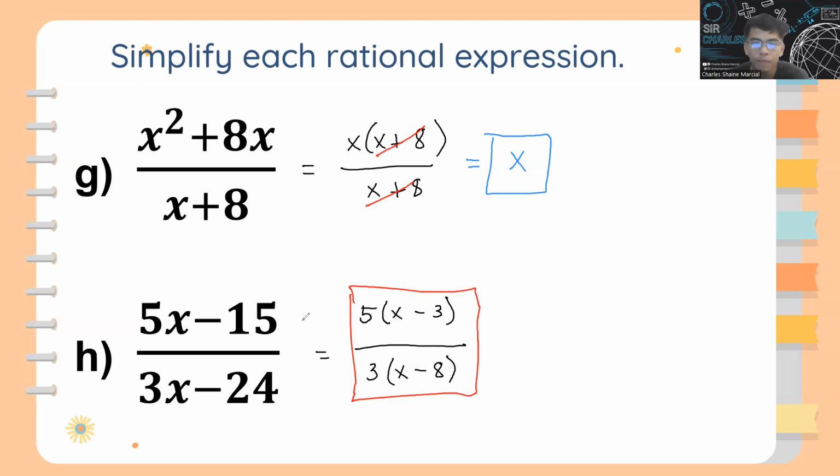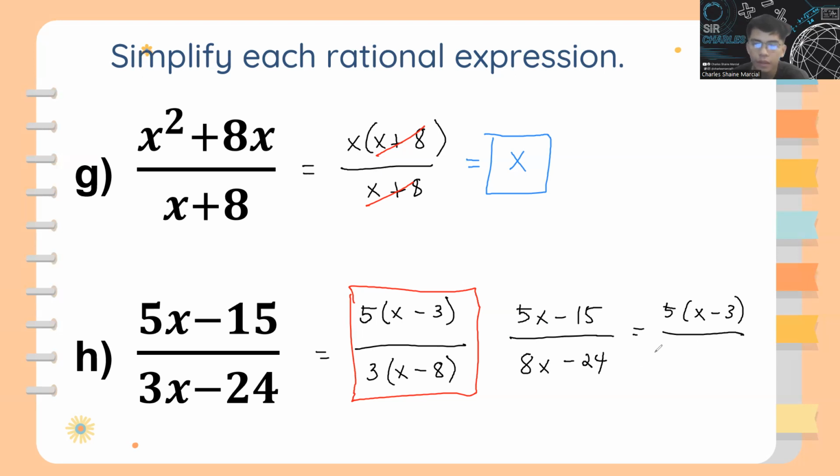So, let's say the problem is 5x minus 15 all over 8x minus 24. What if ganyan? So, copy lang natin yung nakuha nating factored form ng 5x minus 15, which is 5 times the quantity of x minus 3.